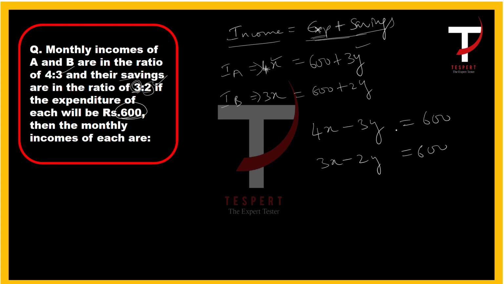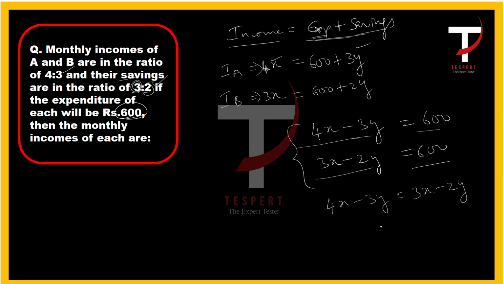So this one is also equal to 600, so we can equate these two values, right? So 4x minus 3y is equal to 3x minus 2y, right?